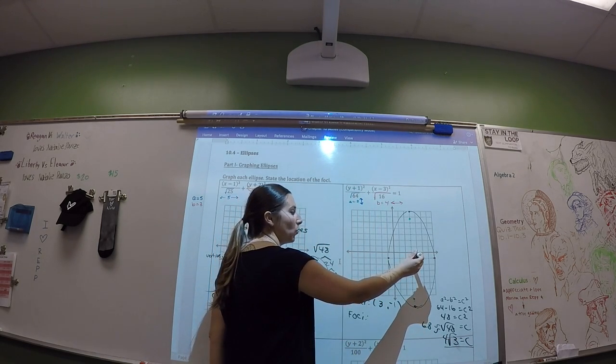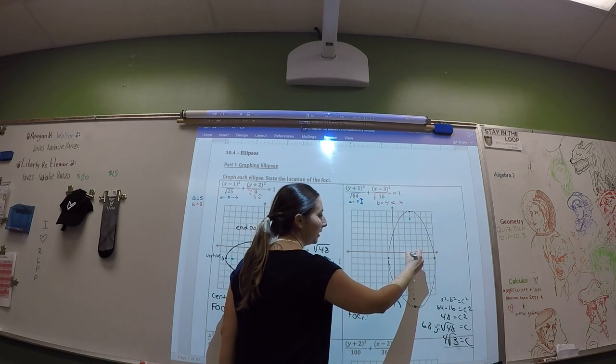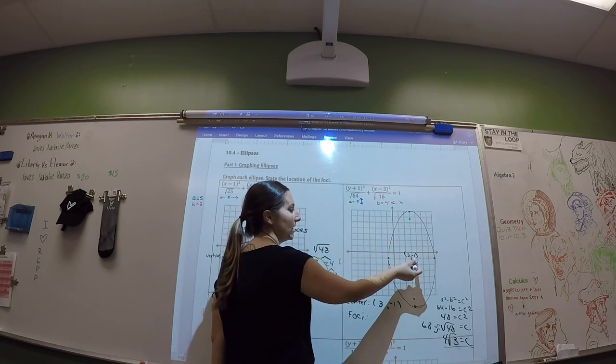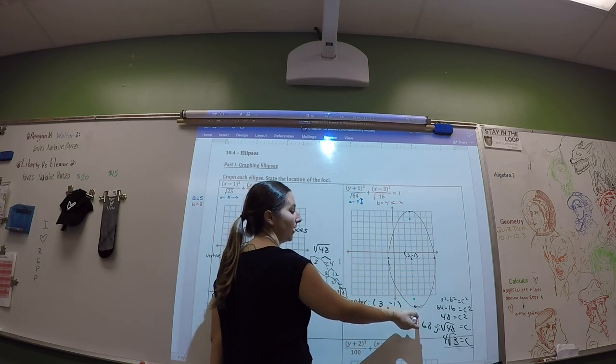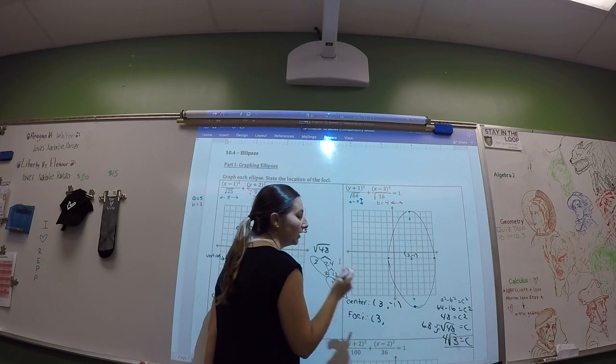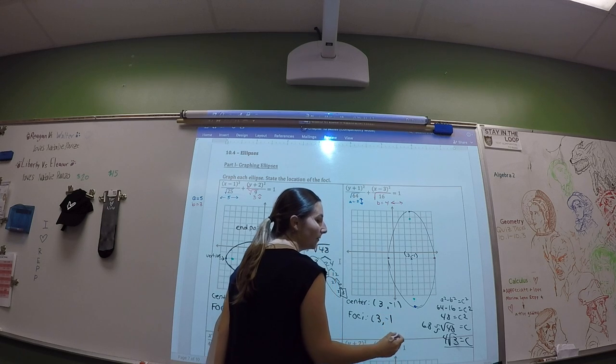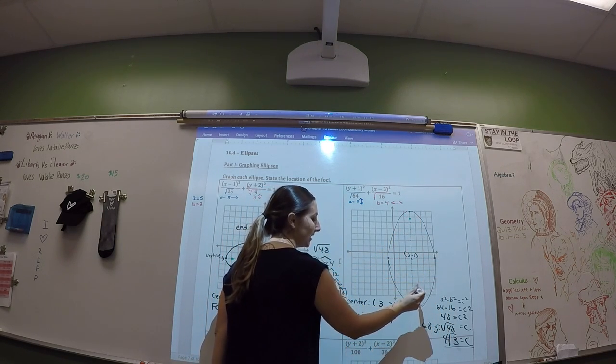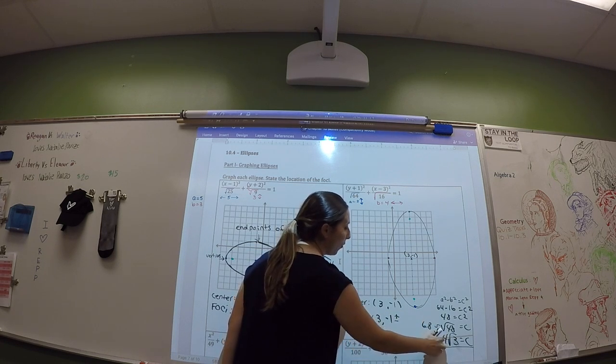So if the center is here at 3, -1, which coordinate didn't change? The 3 or the -1? The 3. Okay, so the 3 didn't change. Now the -1, I added and I subtracted 4 root 3.